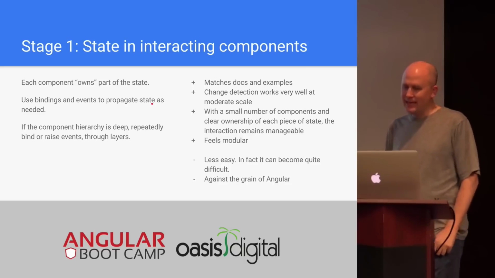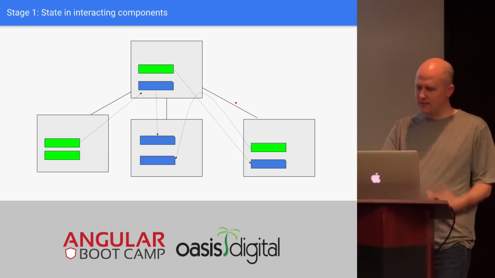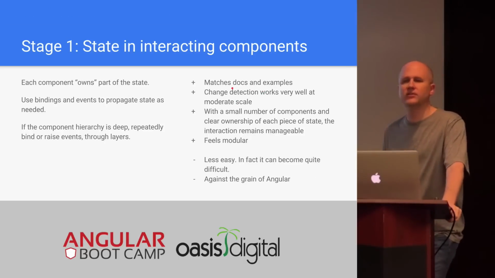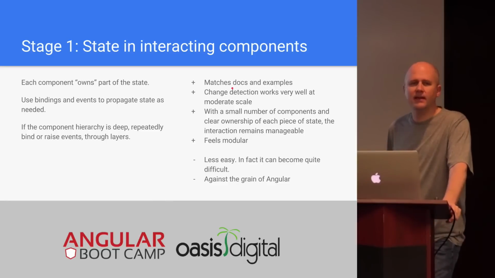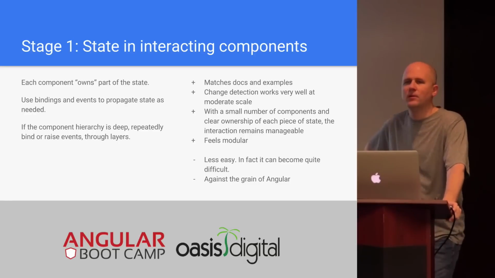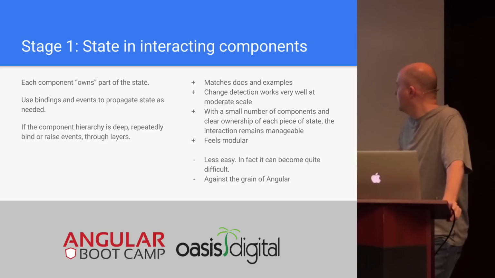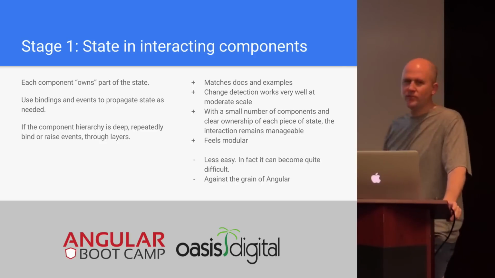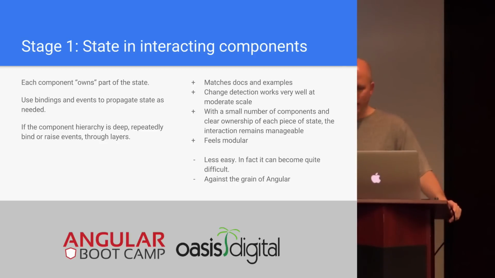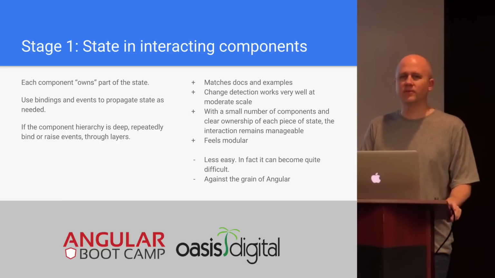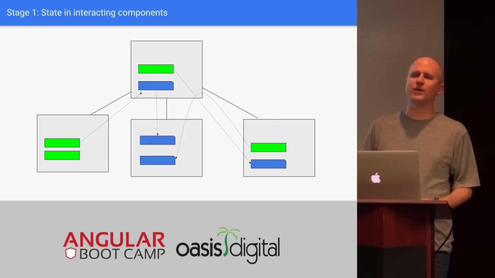Now, this works surprisingly well with Angular change detection. Angular 2 change detection is quite optimized. It's quite performant. It is amazing how much of a mess you can make with the state of a system and still get good performance out of Angular 2's change detection. However, as you do this, you realize you're actually kind of coding against the grain of Angular. So we'll see in a minute what I mean by against the grain of Angular.